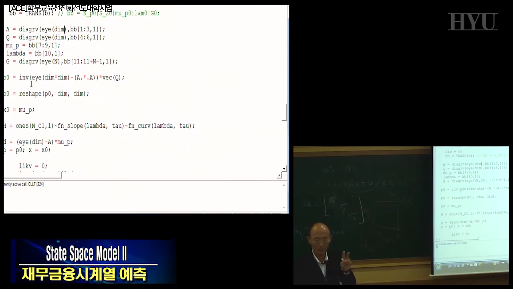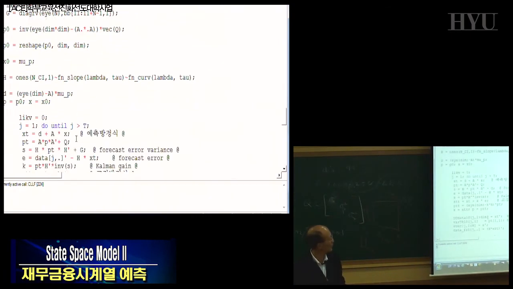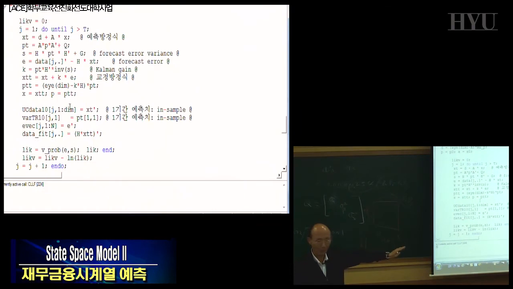Then those adjustments have to be made: number of parameters not 1 to 3, instead 1 to 2, and 3 to 4, and so on. So those are small differences, and the rest is mostly the same.